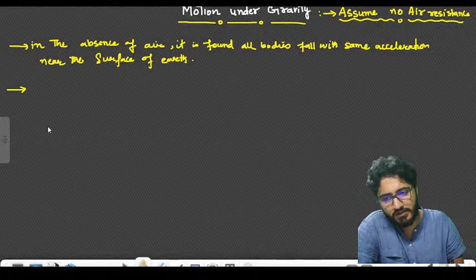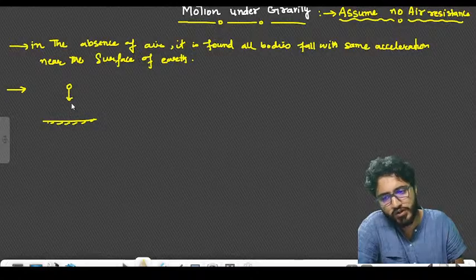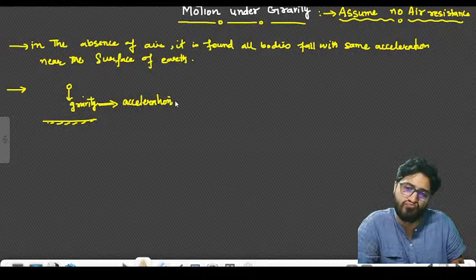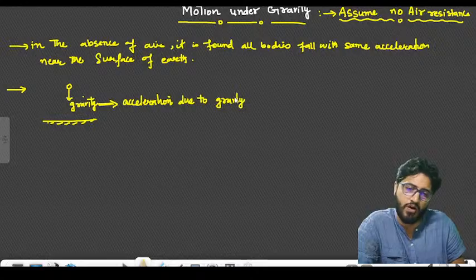Look, if this is my surface and a particle is going towards the Earth, it will go towards the Earth due to gravity. Due to this gravity, we have an acceleration known as acceleration due to gravity, or gravitation.